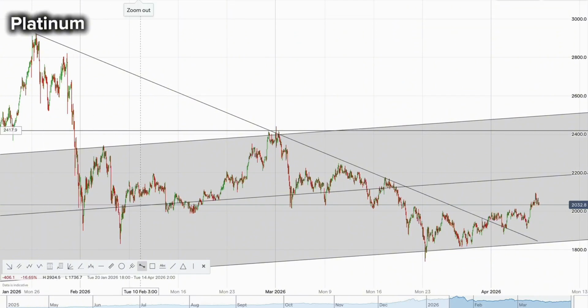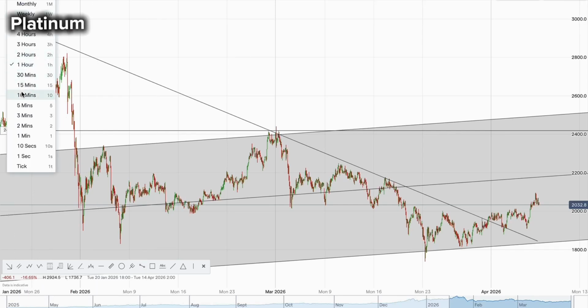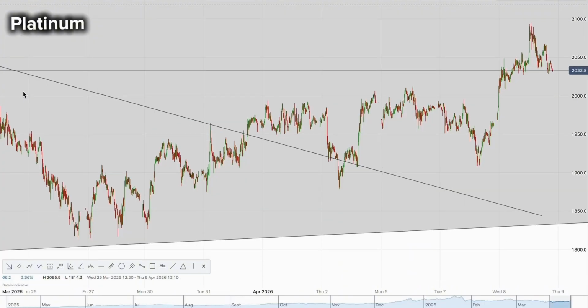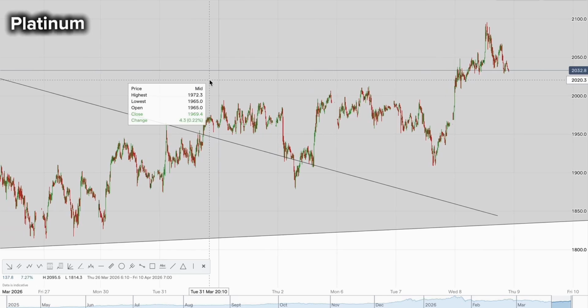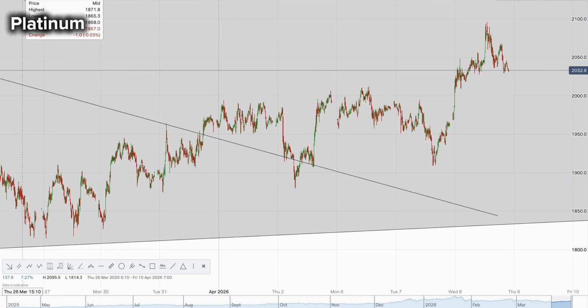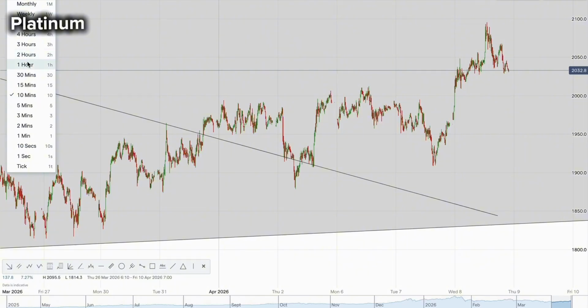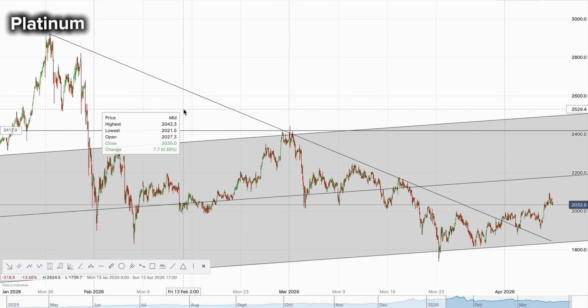So what I like to do is see if I've got any other areas of support. So I'm going to quickly go into the 10 minutes just to see a closer view, short term, and just to see if we're still potentially heading up.